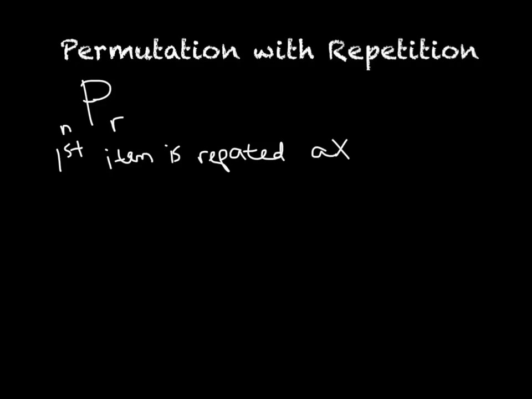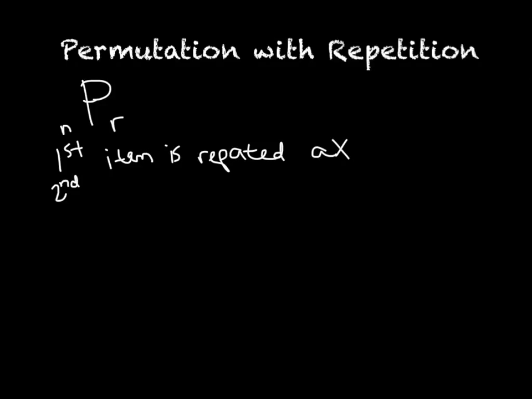When we have repetition in our group of items, we have a special type of permutation. And the formula for this is if you have n items, you're choosing r, and order does matter. And your first item is repeated a times.